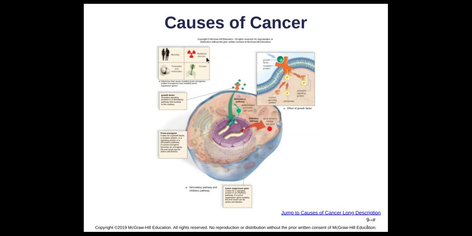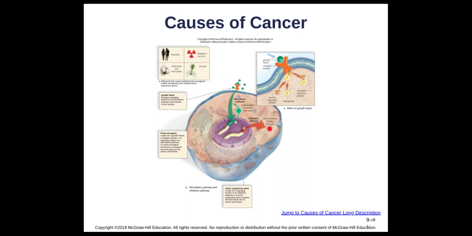So here are some things that could happen. It could be heredity, where you're passed on these genes. I've personally taken the BRCA test, as my mom passed away from breast cancer pretty young. She was in her 40s. And so I had to take the test. You spit in the tube, send it off.